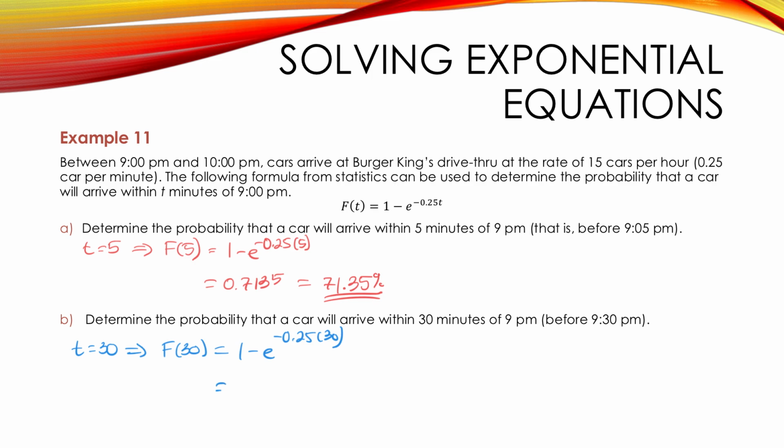And not so shockingly, we find that our probability is 0.9994, or 99.94% that we have had at least one car come through within 30 minutes of 9 o'clock at this particular drive-through.